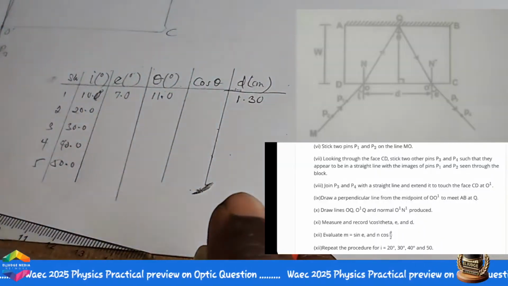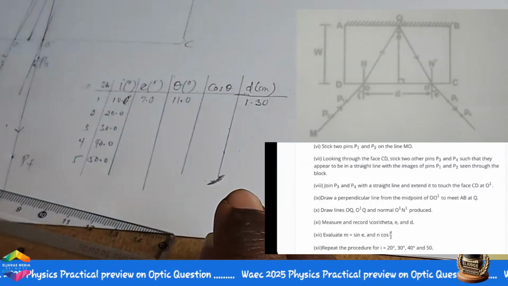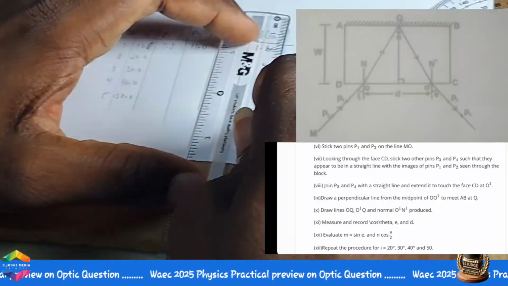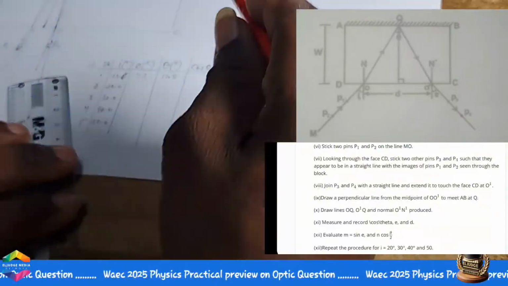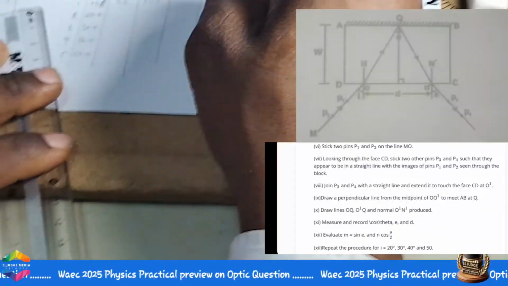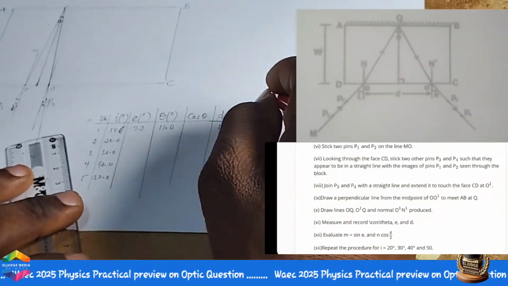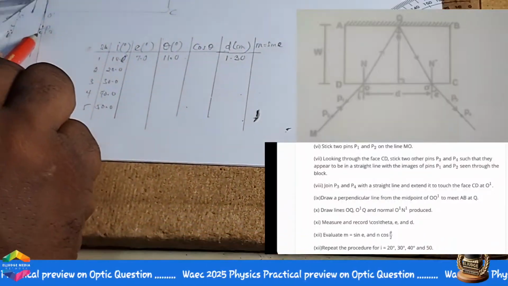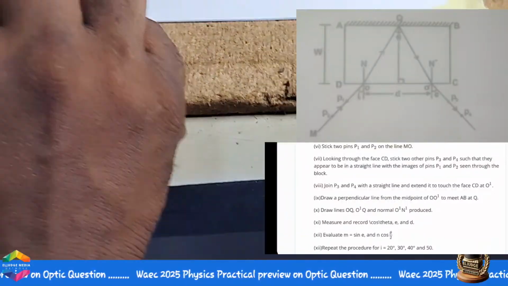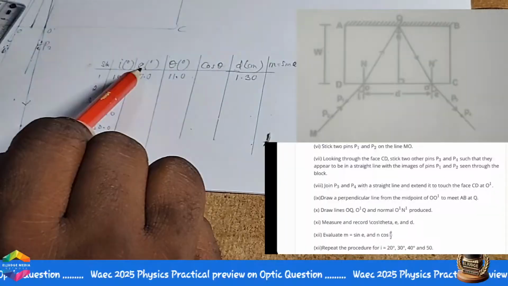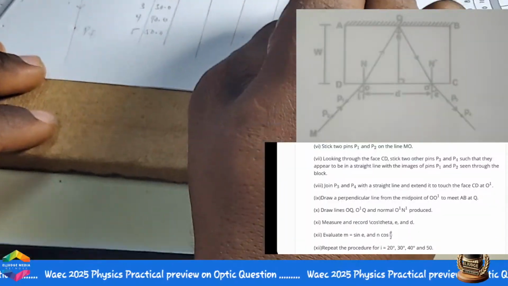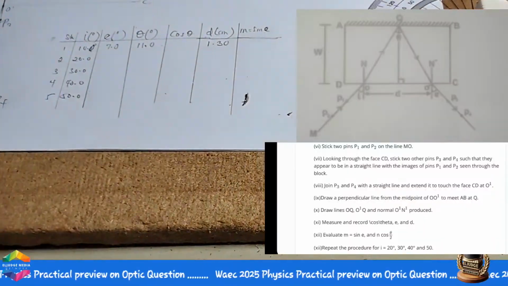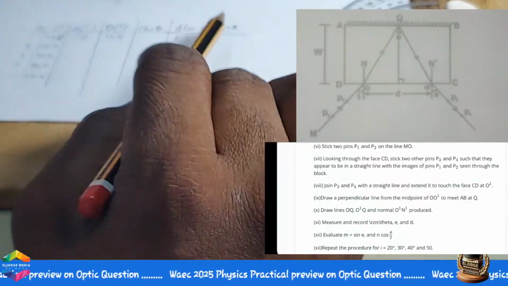So then evaluate M equals sine E. So we are going to look for M. Our M, which is the sine of E. Whatever value you got for E, you need to find the sine of it, and you must make sure that this is in 3 decimal places.